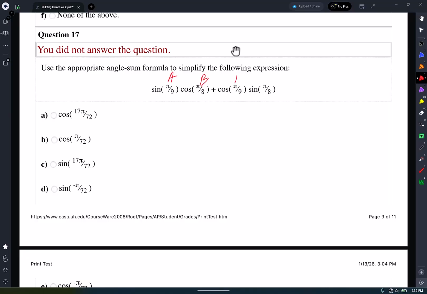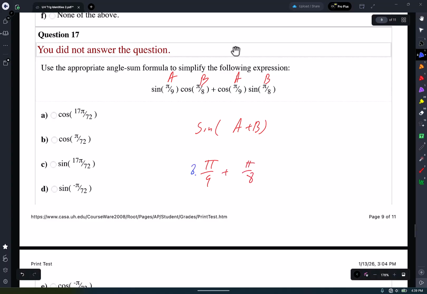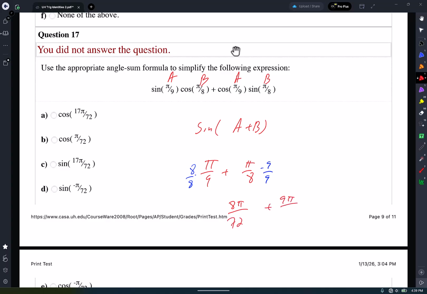This is A, this is B, this is A, this is B. So this is sine A plus B. So go to the side, you go pi over 9 plus pi over 8 times 8 over 8 times 9 over 9. 8 pi over 72 plus 9 pi over 72. 9 plus 8, what's that, 17? So this is sine of 17 pi over 72. Cool.